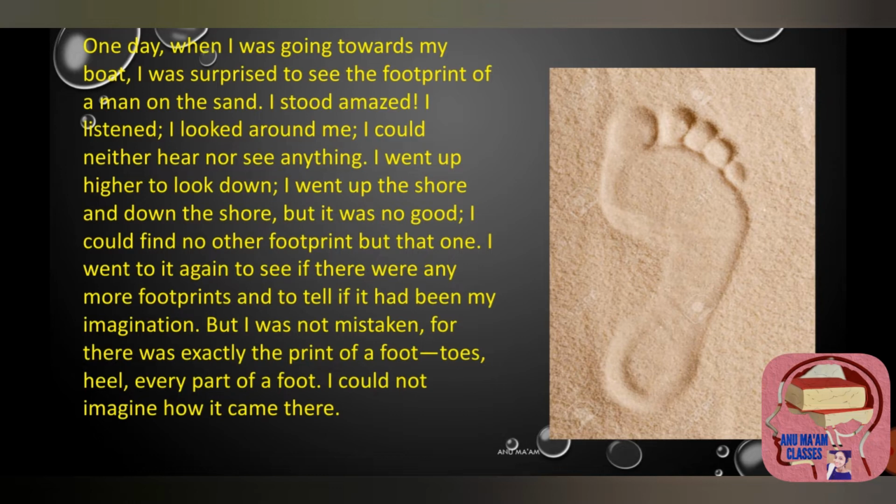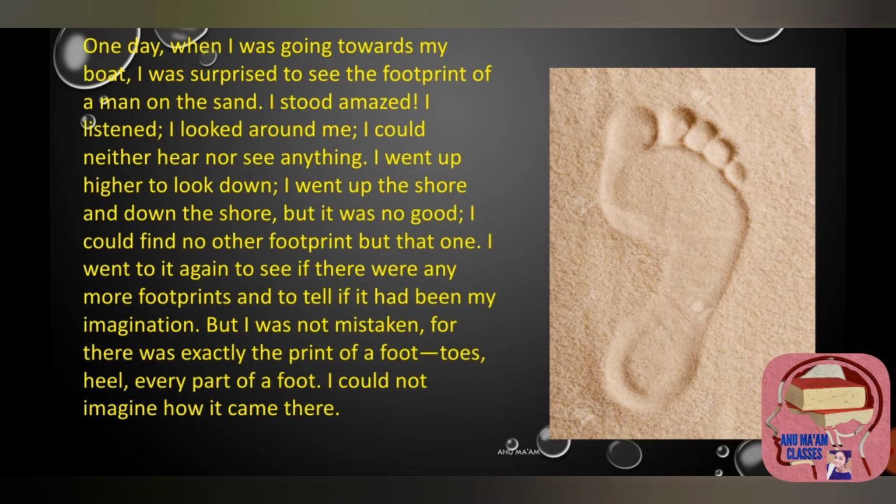Okay, children, what happened? Robinson Crusoe is saying that one day when he was going towards his boat, his wrecked boat, he saw a footprint. He was surprised to see it because he had not come towards his boat in a long time, and according to him he was alone on the island.